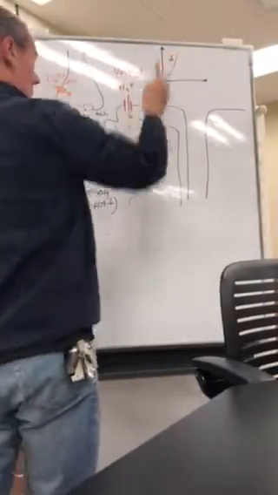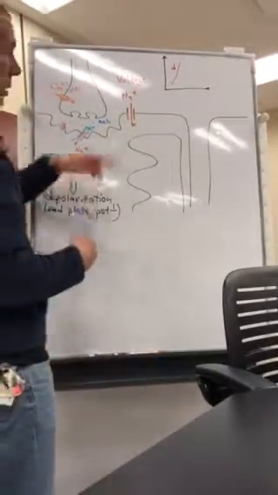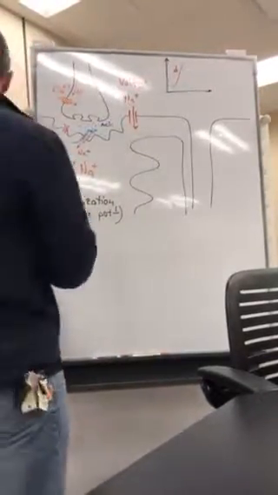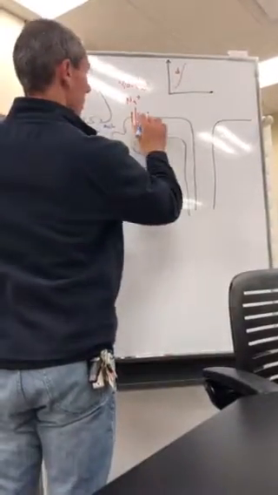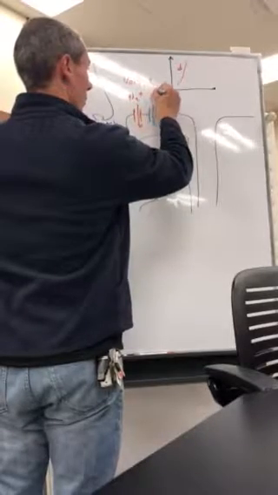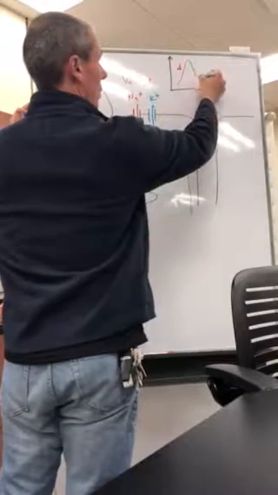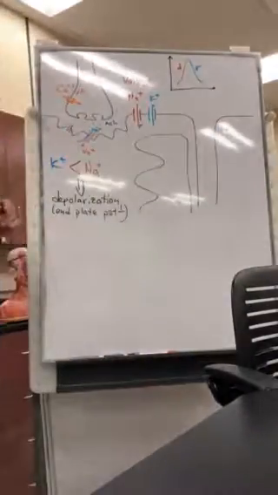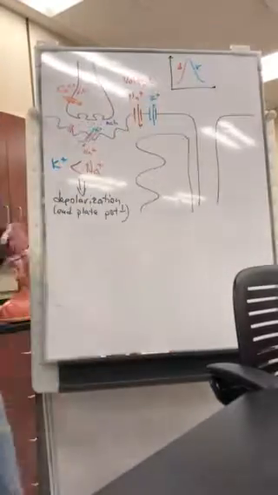When it reaches the peak, voltage-gated sodium channels close and voltage-gated potassium channels open. So potassium starts to go out, and that's repolarization. Sodium-potassium pump restores the concentrations.